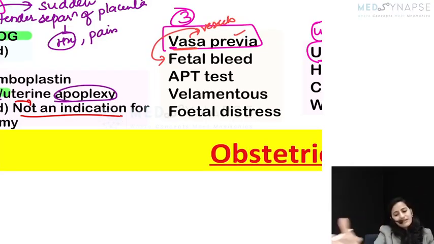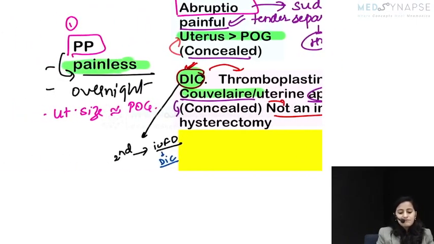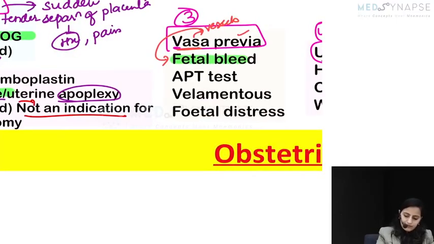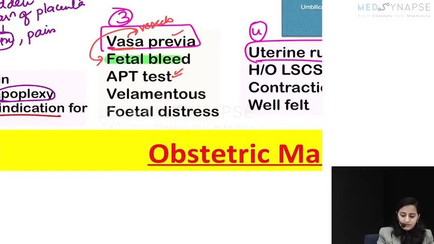So the blood that is coming out in vasa previa is what blood? Fetal blood. Why in placenta previa it is not the fetal blood? So is there any test which can tell me whether this is maternal blood or fetal blood? Apt test. So apt test basically is suggestive of fetal blood.